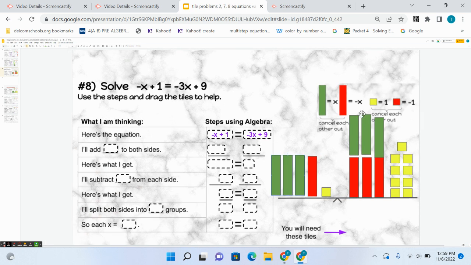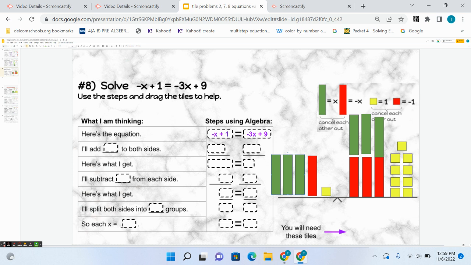But now look what happens here. The reds go away on the right. But on the left, if we take out this positive negative pair, it's called a zero pair, we're left with green rectangles on the left. Because remember, that's our goal. We want to be left with green rectangles on one side.